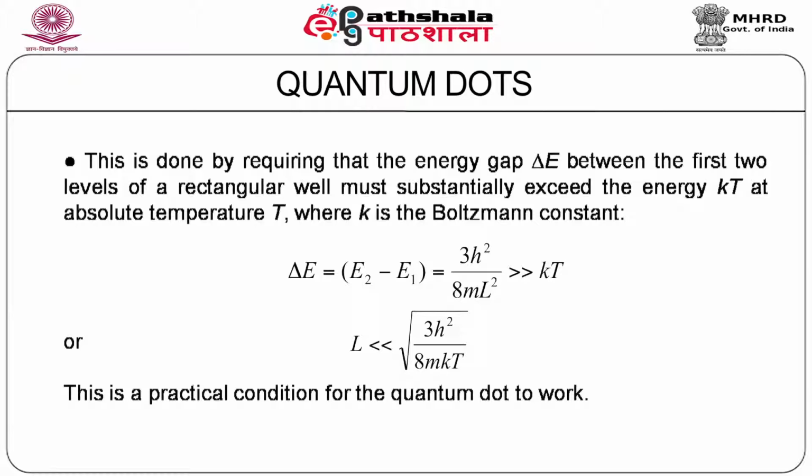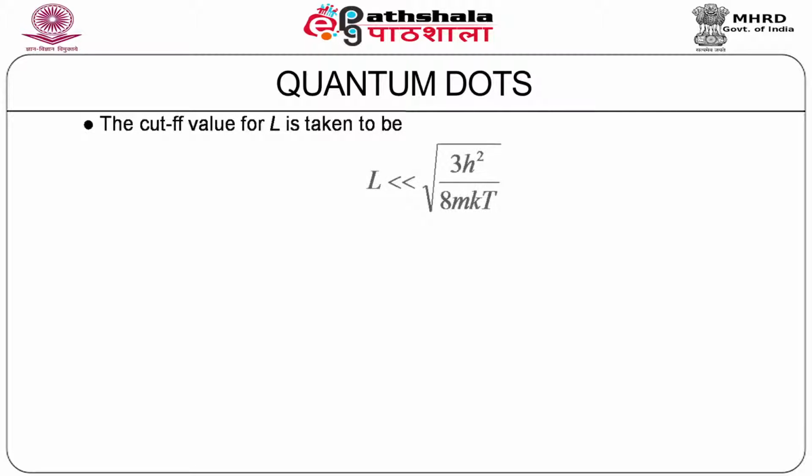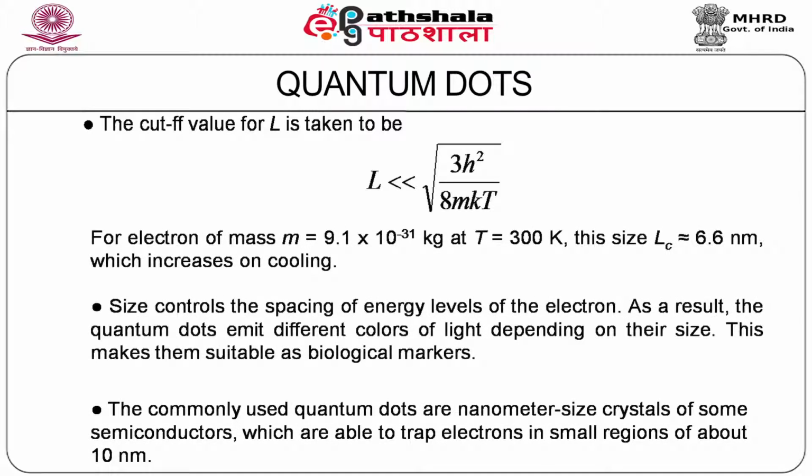Then this gives the critical condition, which is written on the next slide. So you can see here that the cutoff value of L is taken to be L_C of the order of the square root of 3h squared divided by 8m kT.